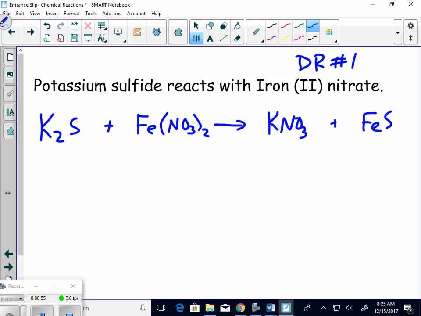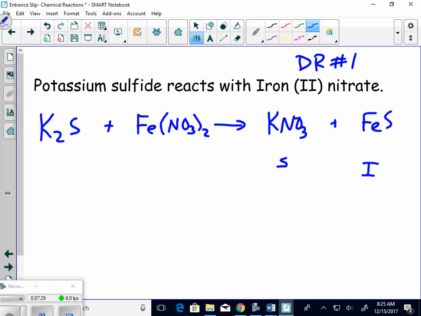Actually not my activity series, my solubility chart. I'm looking at potassium nitrate, which is soluble. Iron 2 sulfide is insoluble.